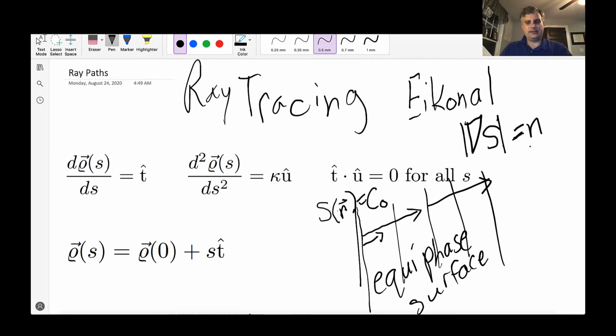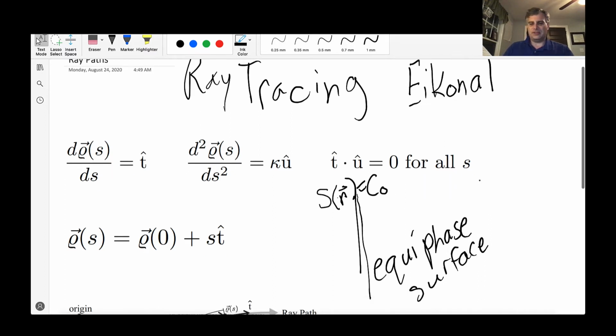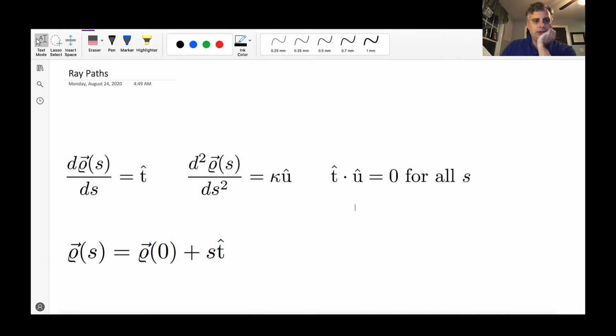So, with that, let's go ahead and start tracing waves. Okay, we're going to start with this constitutive relationship right here, where rho as a function of distance is going to be our ray path.